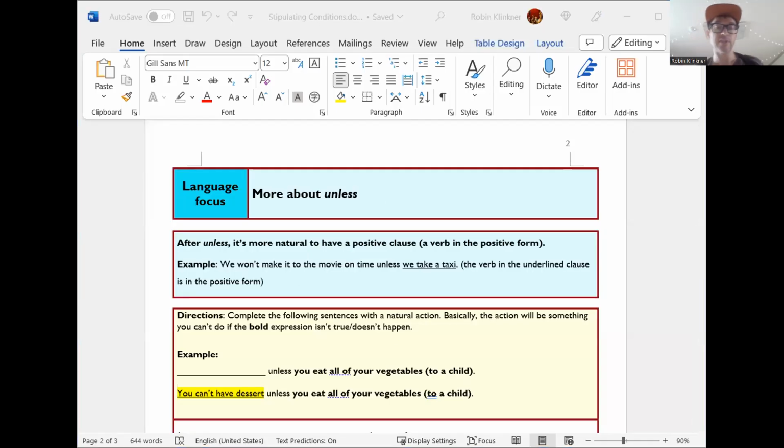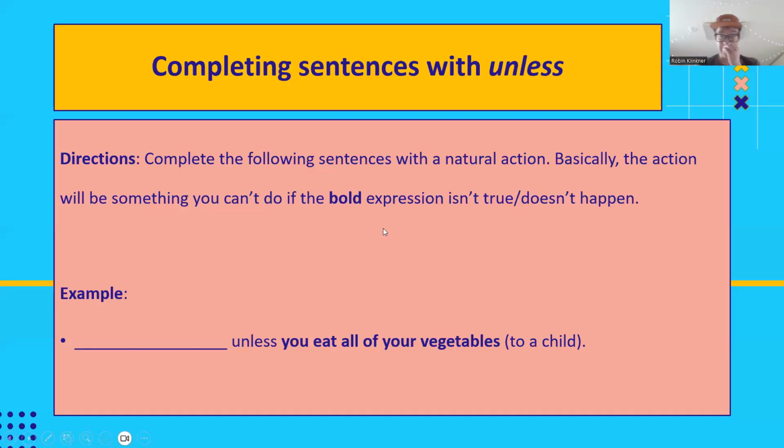So for example, here's the example. Blank, unless you eat all of your vegetables. So that has the same meaning as blank if you don't eat all of your vegetables.